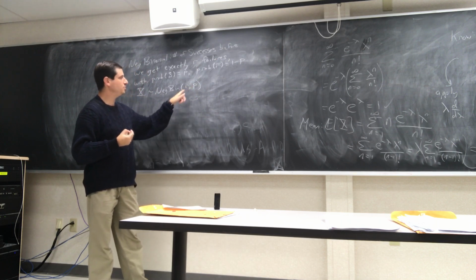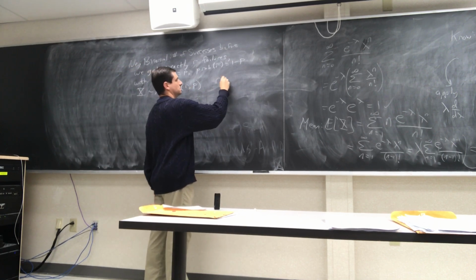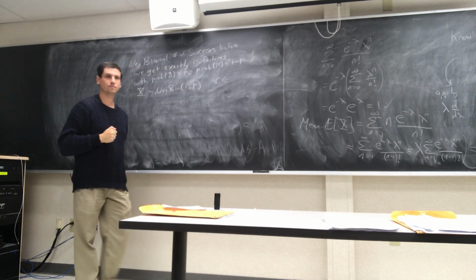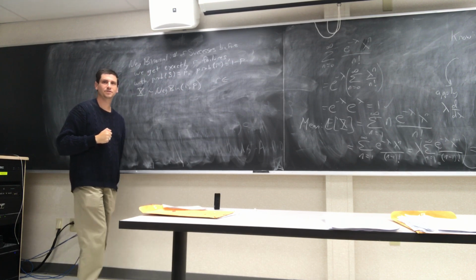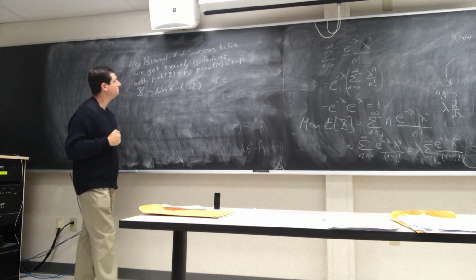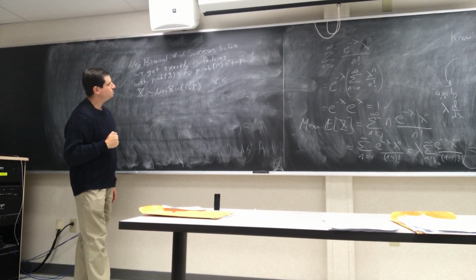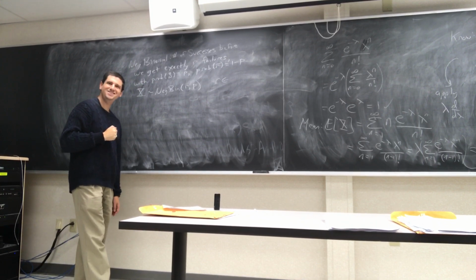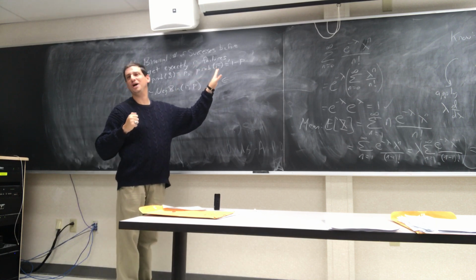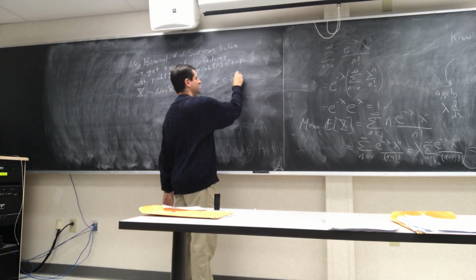So what are the possible values for R? I don't want to get into the argument of could R be 0. Let's just take R to be a positive integer.